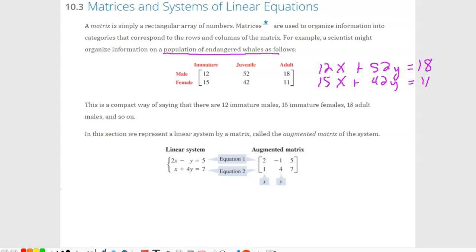You're just taking the numeric values and keeping them. In real life, like something like Amazon or Walmart, when they're doing a massive order of shoes or clothing items or whatever it is, on their computer it's built in to do a matrix, and they just type in the numeric values.